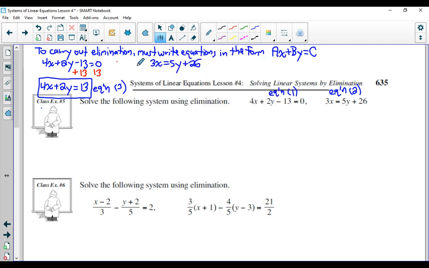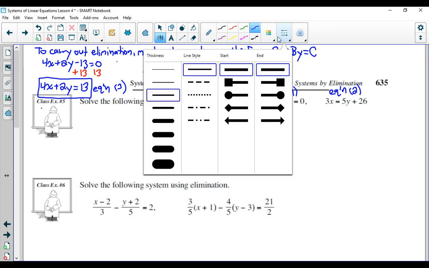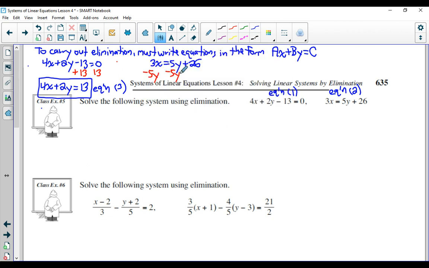So I'm going to subtract 5y, and then I would have 3x minus 5y is equal to 26. We're going to call that equation number 4.